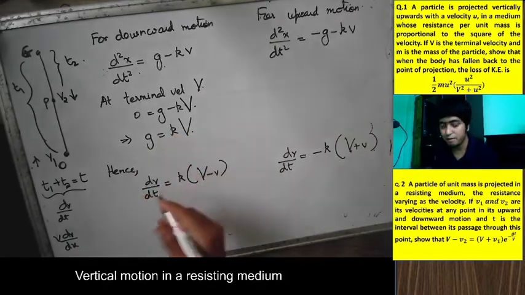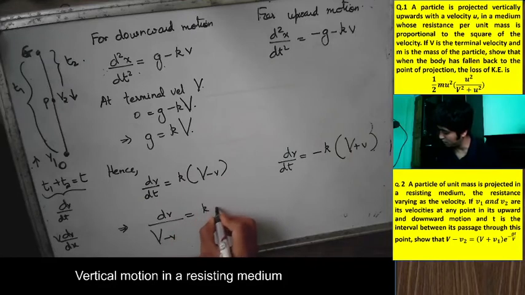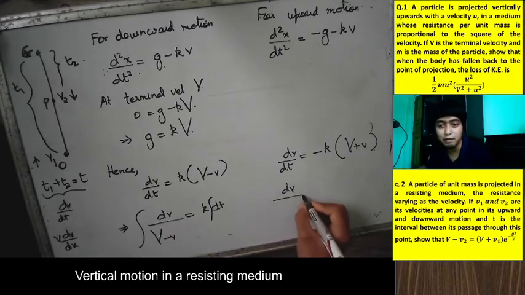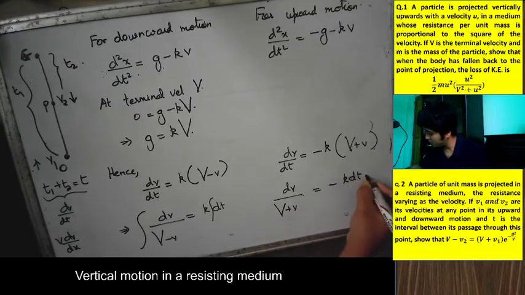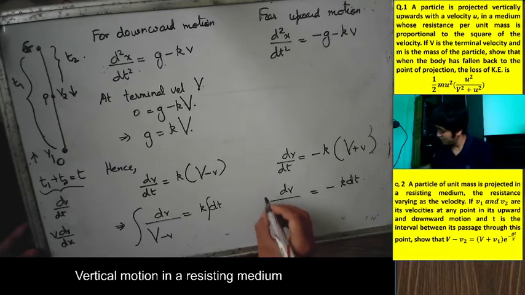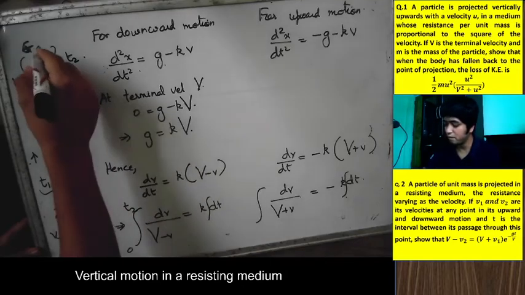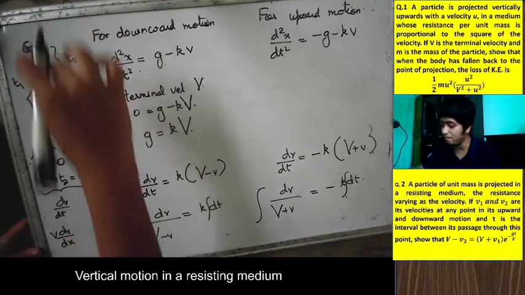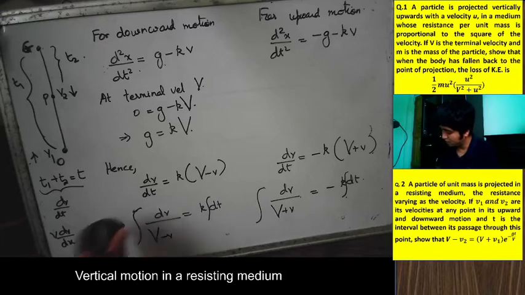Now what do we have to do? We just have to separate the variables and integrate, with k dt. We will write the limits for the integration afterwards. For the downward motion, the time is from 0 to t2, and the velocity is from 0 to v2.